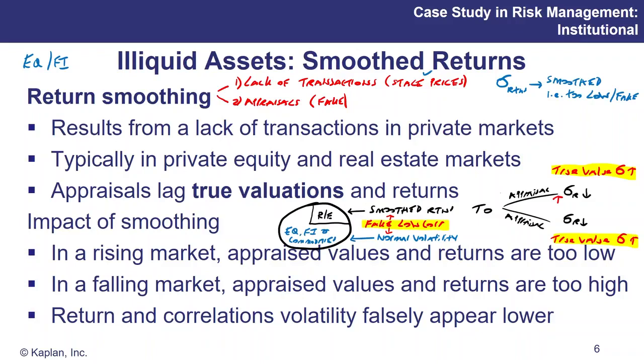Again, in a falling market, the true valuation is going to be even more volatile. And again, the level of volatility is too low. So when you put these together, the level of volatility here is too low. You've seen that before in the alternative chapter, and we get it here as well.